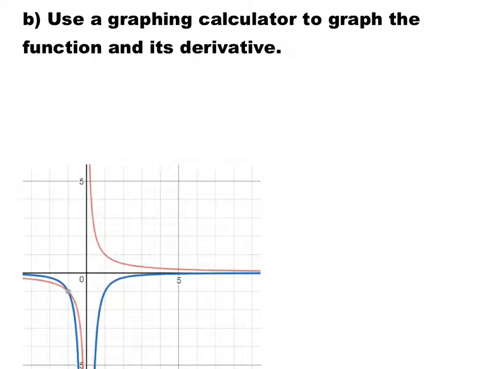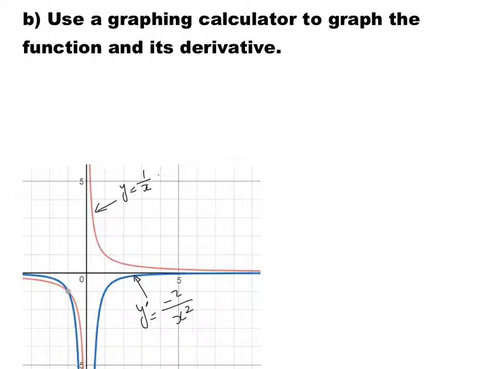The next part of the question says, using a graphing calculator, graph the function and its derivative. If we use, for instance, Desmos, the red curve here is y equal 1 over x, and the blue curve is y prime, which is equal to negative 1 over x squared, the derivative of the function.